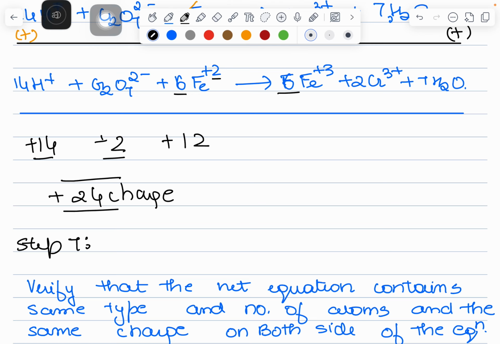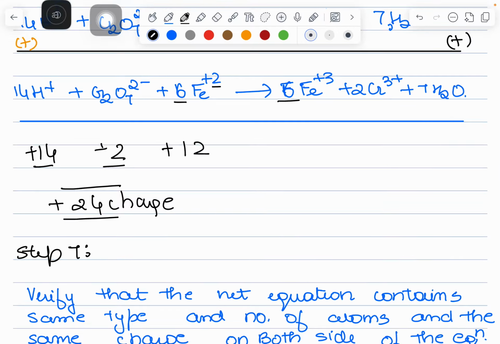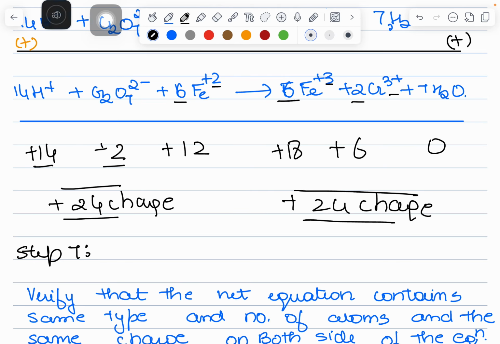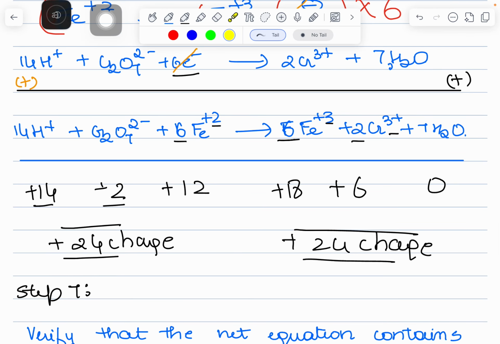Let's see how many charges are there on the right side. 6 into 3 is plus 18, 2 into 3 is plus 6 and here we have 0. 6 plus 18 is plus 24 charge. So both the charges are equal. That means the net reaction has been verified and this is the balanced net redox reaction.